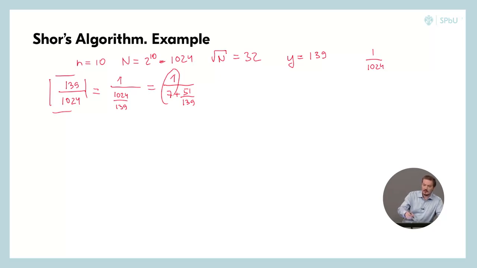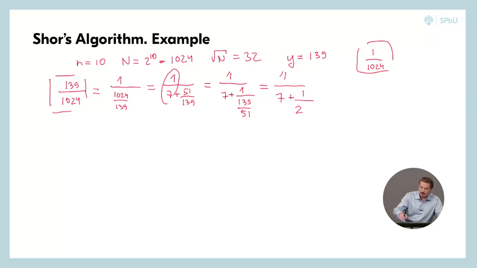So if 1/7 does not meet our requirement to be close enough to our original fraction, we go further: 7 plus 1 divided by 139 divided by 51, which is 7 plus 1 divided by 2 plus 37 divided by 51.